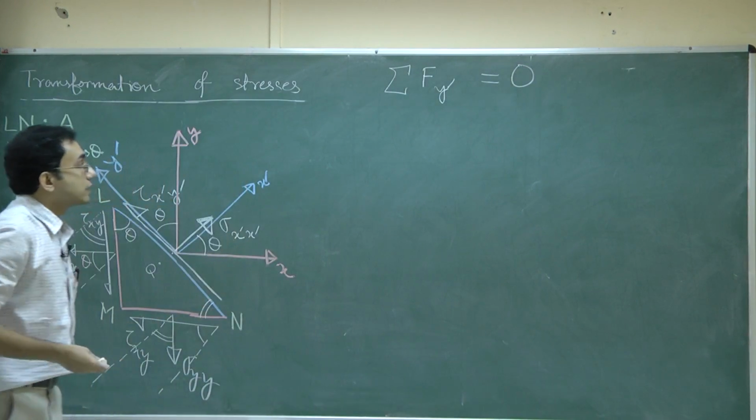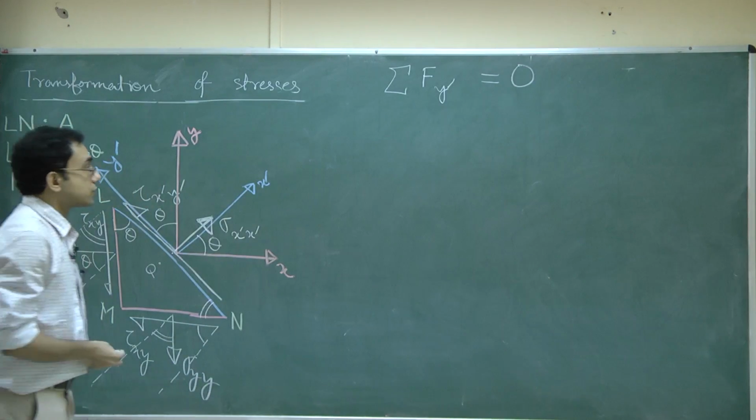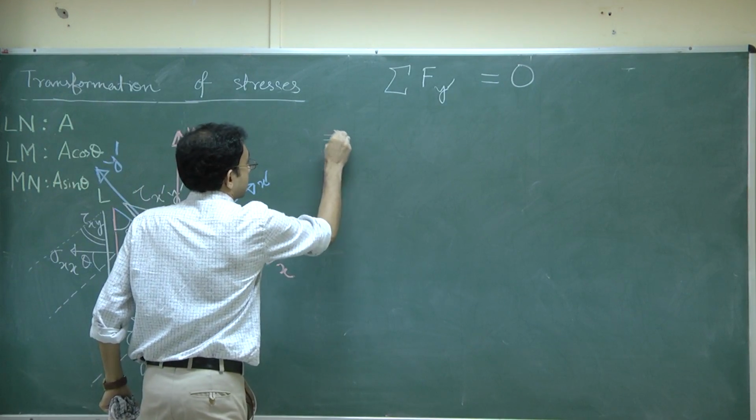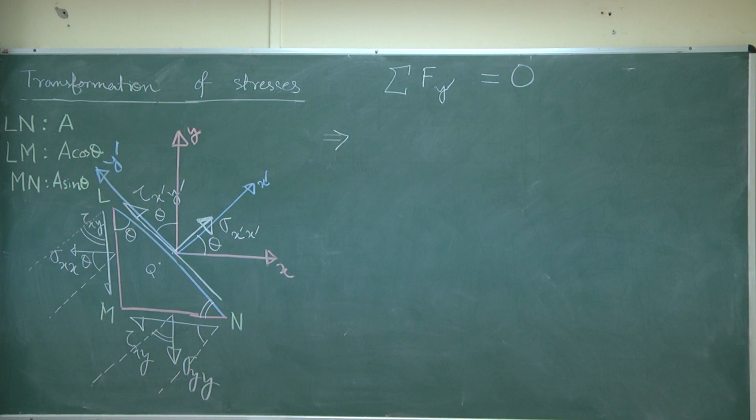Next we are going to consider sigma f y dash is equal to 0. Okay. The first thing that we need to do is remove all this clutter.